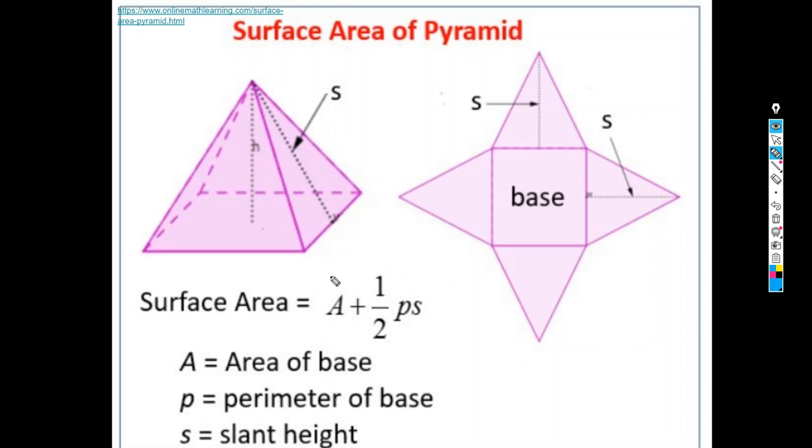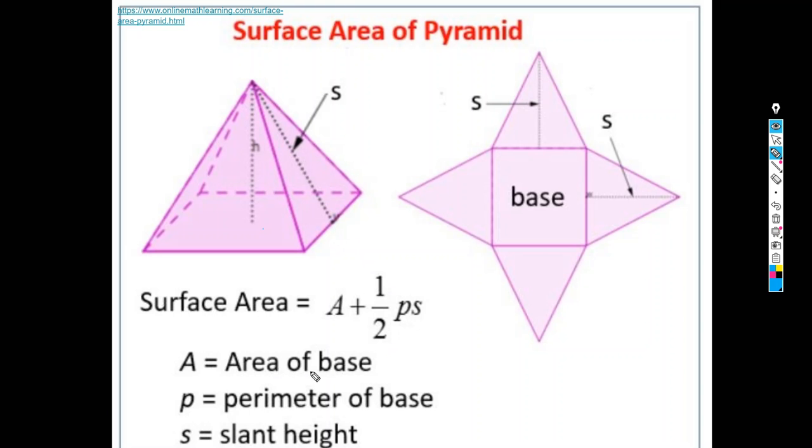I don't know that I love this the best for your understanding, but certainly if you understand this formula, absolutely use it. So when they're talking about the surface area, they're saying that we need to have the area plus 1/2 of the perimeter multiplied by the slant or the height here, okay?